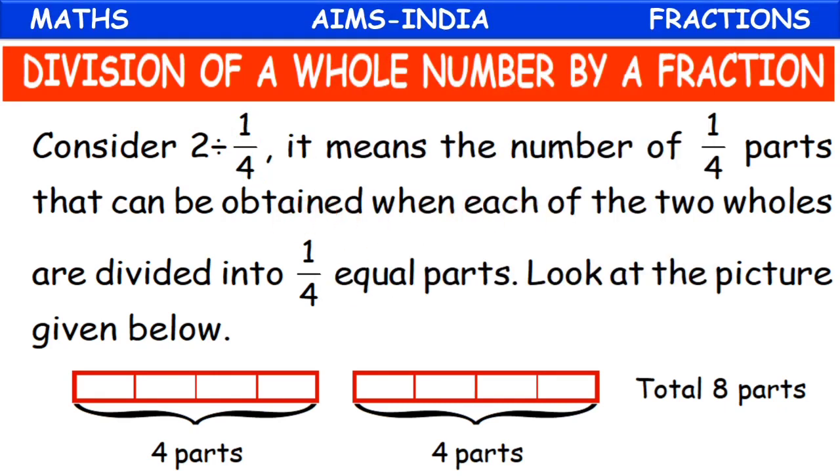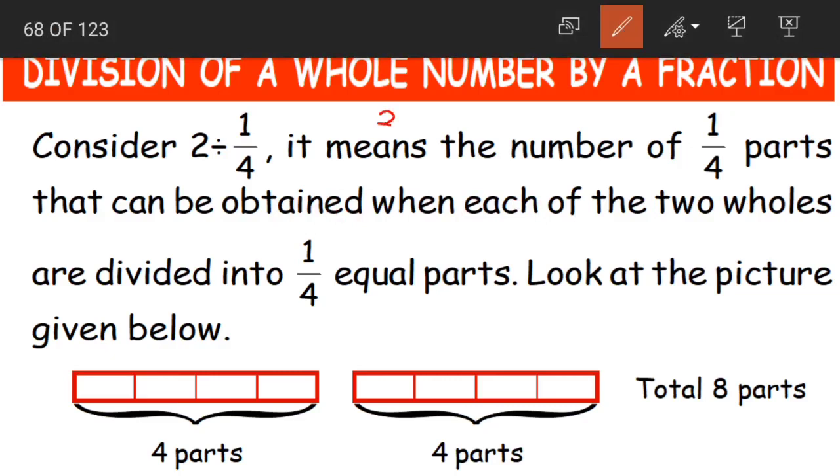What does this mean? Normally if I say 2 divided by 4, it means that 2 is divided into 4 parts or 2 is divided among 4 people. Now in the same way 2 divided by 1 by 4 means the number of 1 by 4 parts that can be obtained when each of the two wholes are divided into 1 by 4 equal parts.